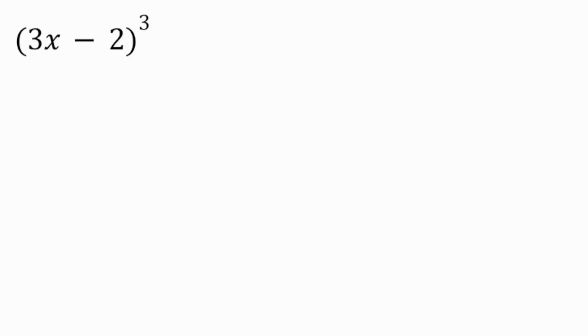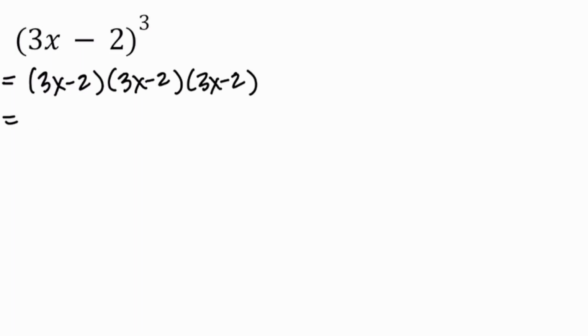Right here, same thing. I'm going to just say this is 3x minus 2 times 3x minus 2 times another 3x minus 2. So, all right, I'll multiply the first two. I'll have 9x squared. 3x times negative 2 is negative 6x.